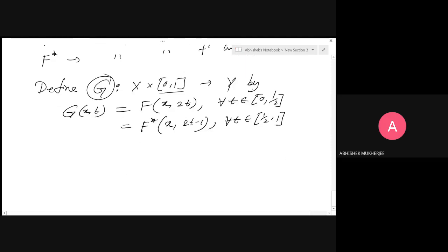We are just dividing this interval and accommodating them together, and this map is well defined. Using the pasting lemma, this G becomes a continuous map from X cross [0,1] to Y. So this is your exercise to check the continuity of this map. This is very easy, but you need to check on your own.